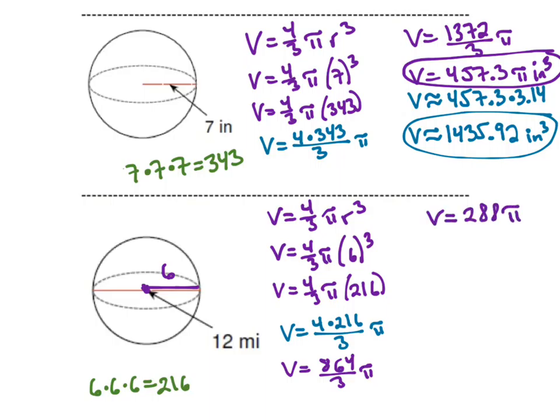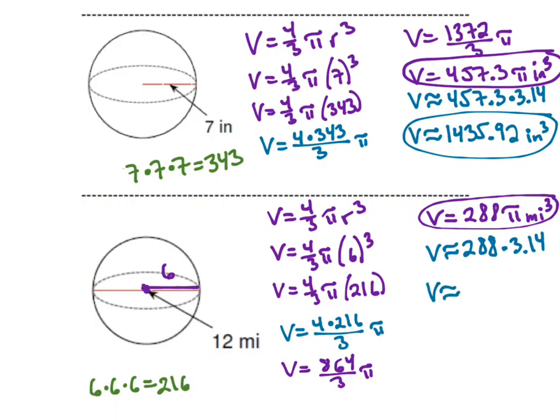Volume equals 288 pi miles cubed. There we go. There's my exact answer in terms of pi. Now I'm going to substitute 3.14 for pi. Volume is about 288 times 3.14. Volume is about 904.3 miles cubed. Onward and forward.